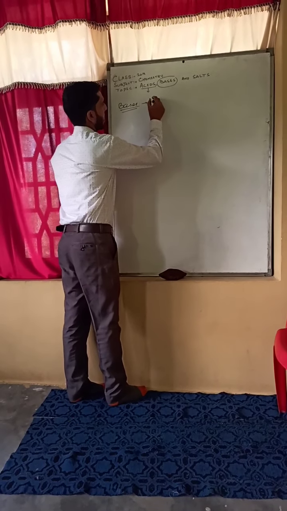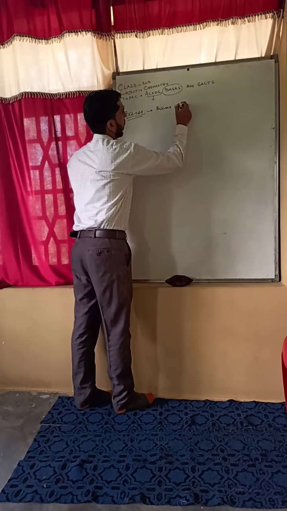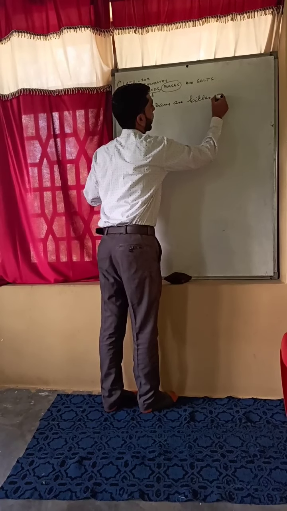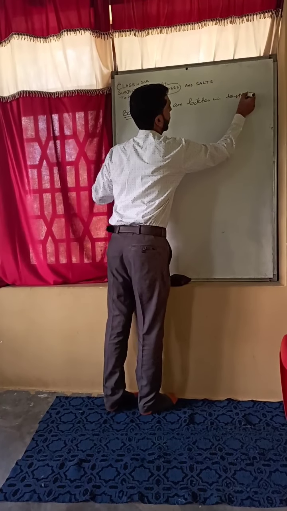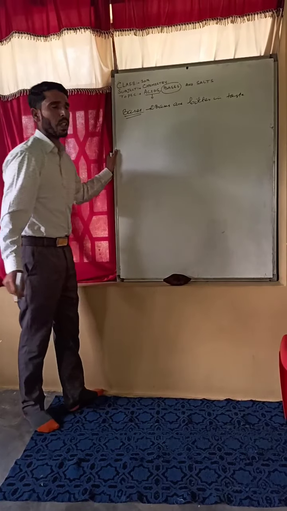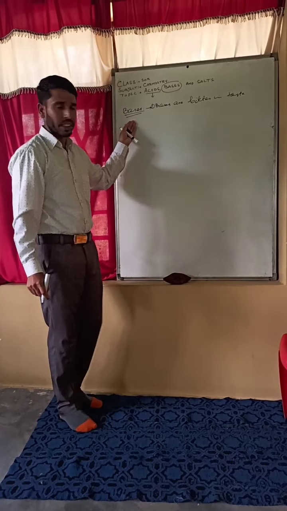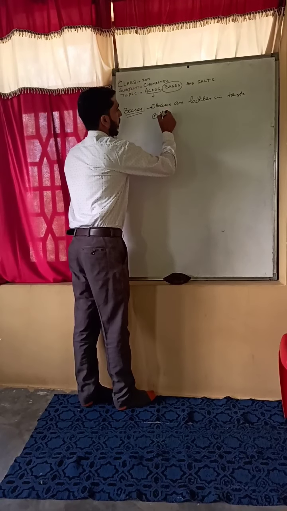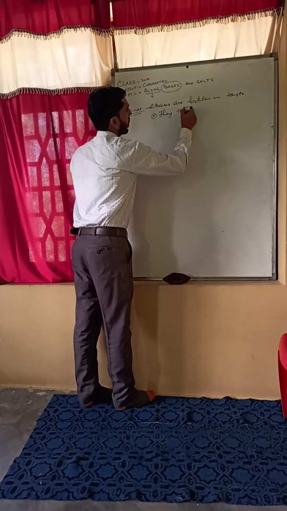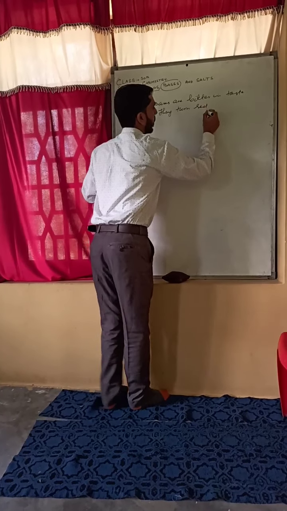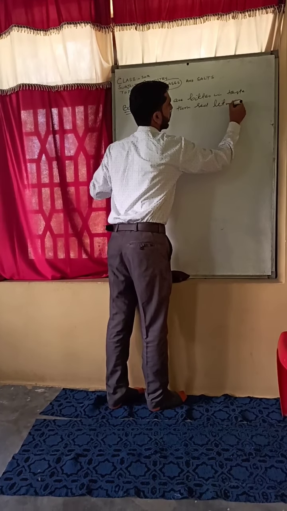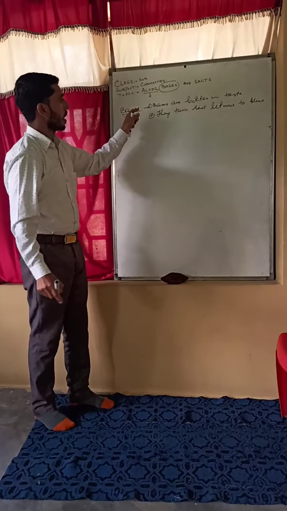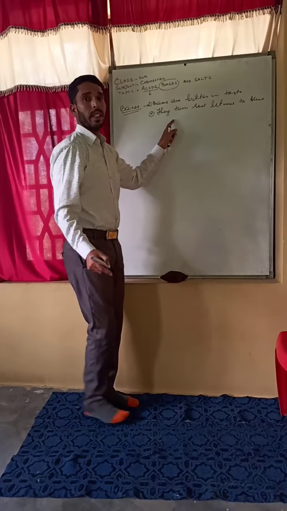You write down this: bases are bitter in taste. Clear? And this is the first point about bases. Bases are those substances which are bitter in taste. Then we can add one more thing here. They turn red litmus to blue. As far as acids are concerned, they turn blue litmus to red, but here the case is reversed.